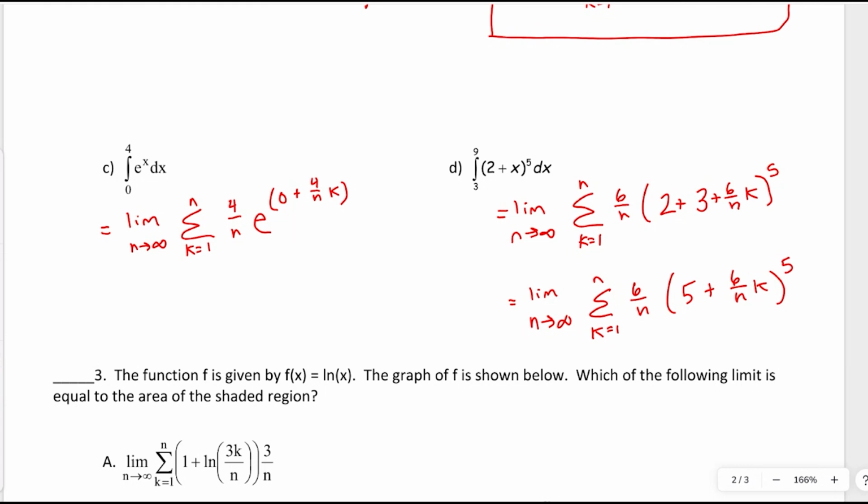If this is not a typo, you'd be thinking, oh, that should be 3. But it actually was 3. The function here is 2 plus x quantity, raised to the 5th power.